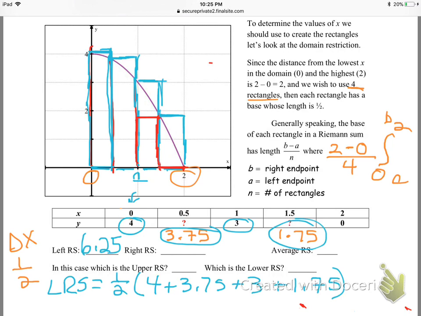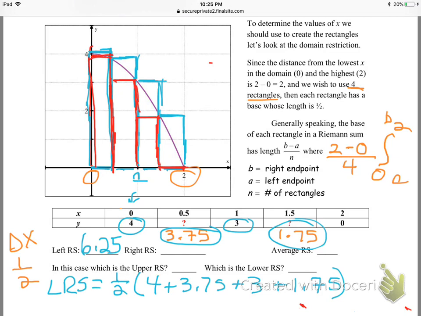My first rectangle really didn't exist. I come up for my third rectangle, I hit my function, I'm working in red here, and I go across and come back down on my next x value. To get my last rectangle in red, I come up from the x value of positive 1/2, hit my function, come across right here, and come back down.